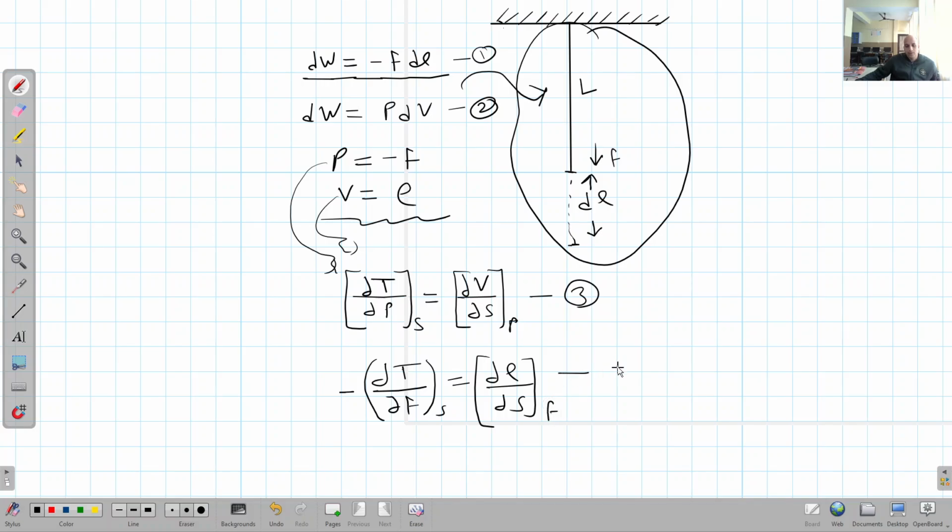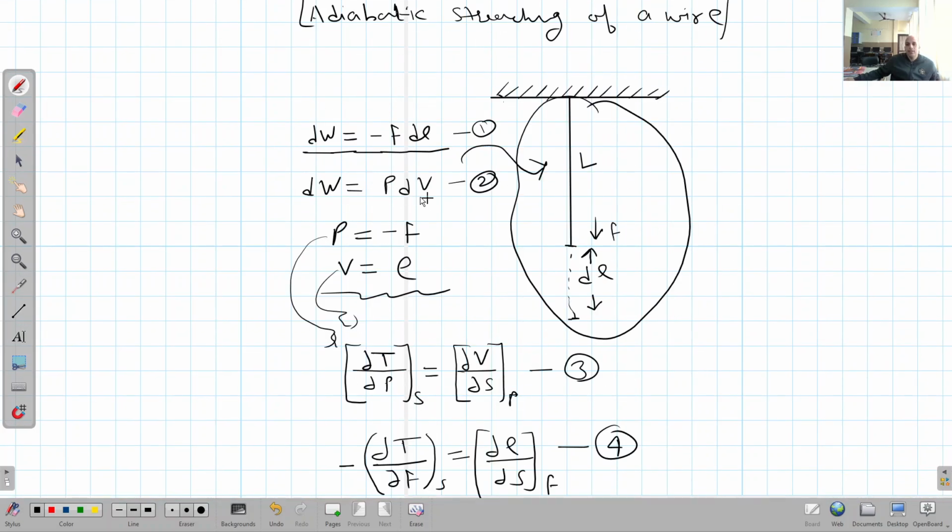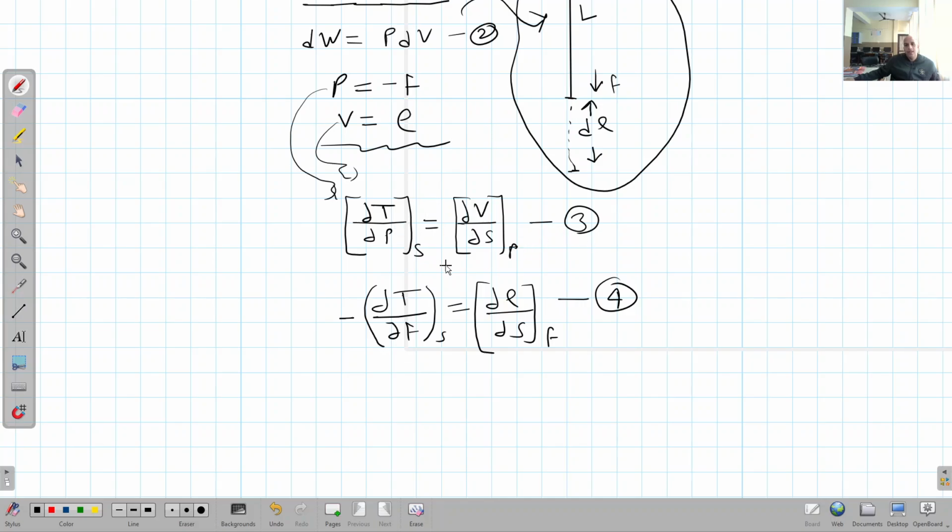Now this is equation number 4. What I did, I took Maxwell's third relation, and in that relation I replaced P by minus F and V by small l. Clear? So now I got this equation.